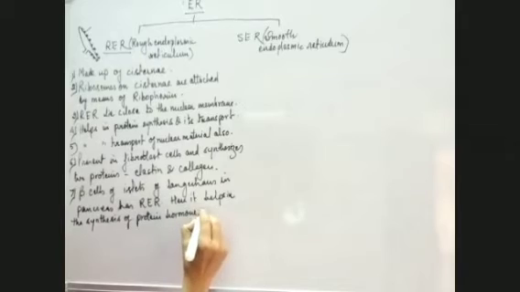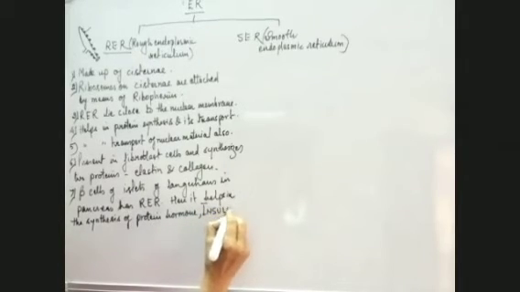Here it helps in the synthesis of protein hormone insulin. So beta cells of islets of Langerhans. This is one point. Then we come to the SER.